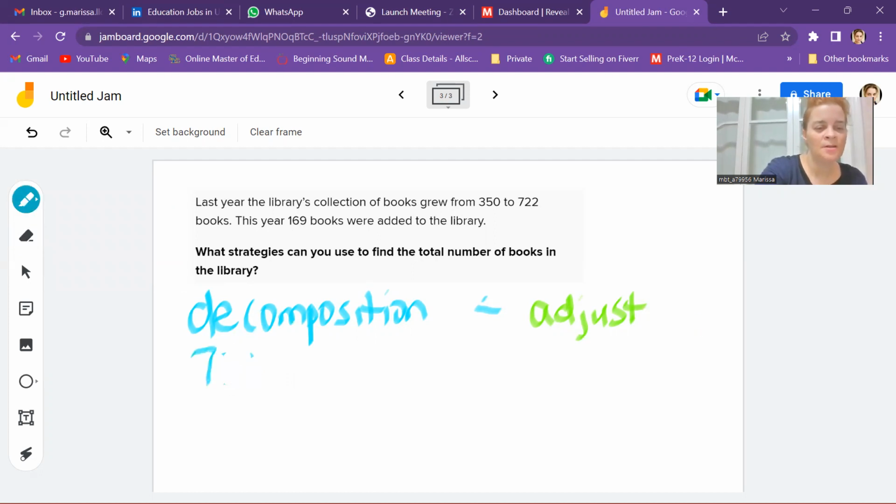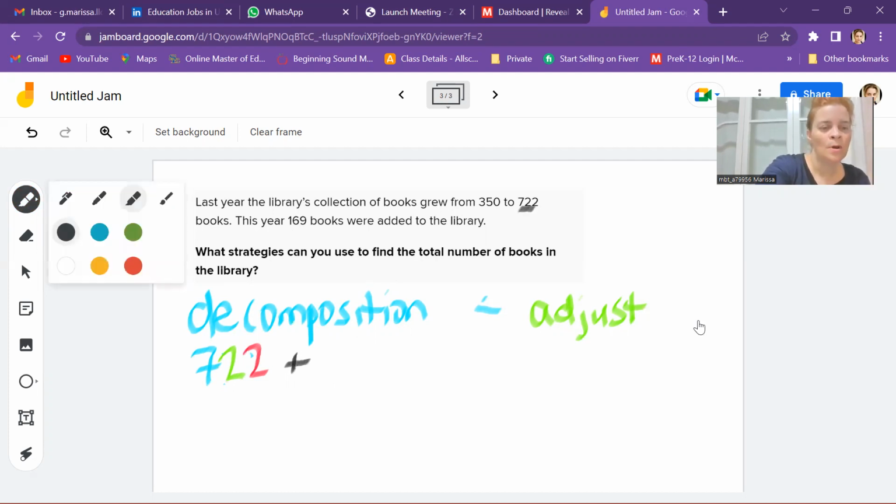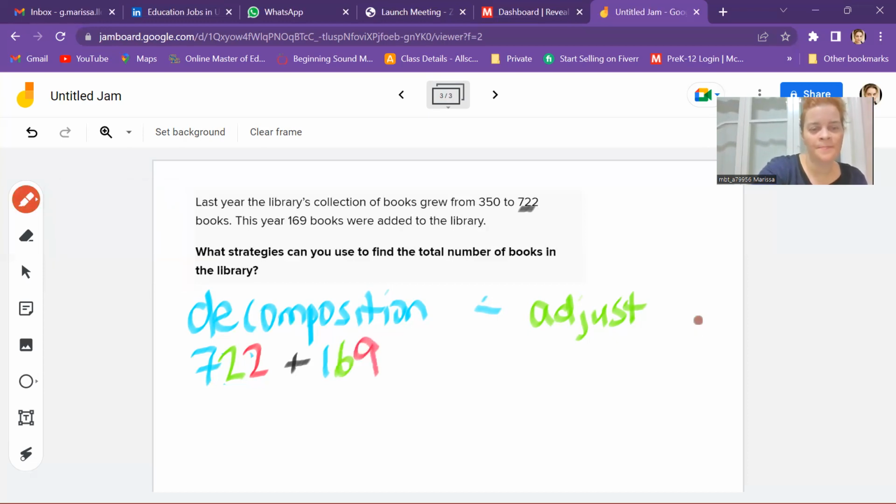We have 722 plus 169. Now, the reason why I didn't color code is because remember, decomposition is using place value to add.